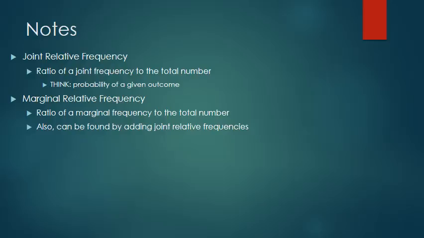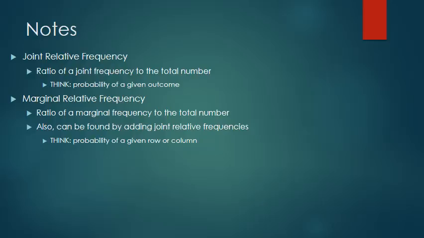This can also be found by just adding together the joint relative frequencies. We'll see that in the example. So once again, this is just probability for a given row or column. So instead of giving the total number of seniors who responded or the total number of people who said they were attending, this is giving us the probability that someone was a senior or the probability that they're attending.